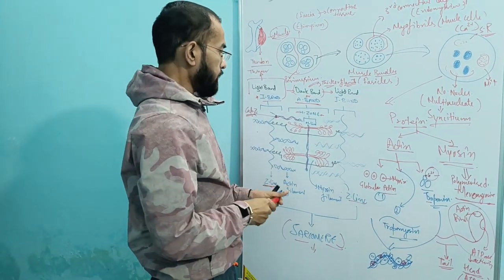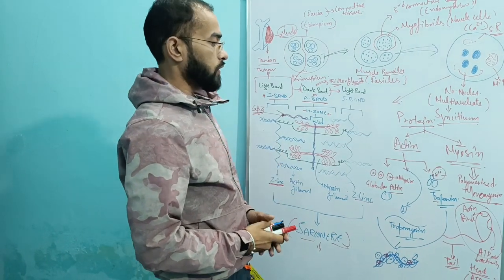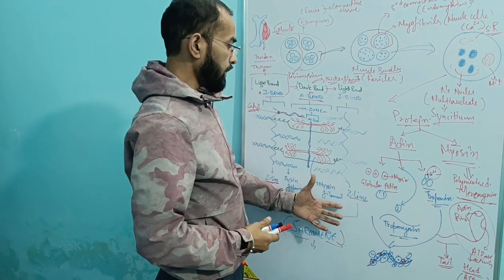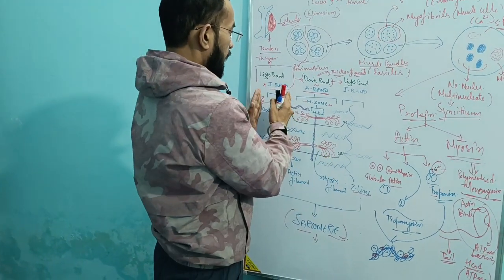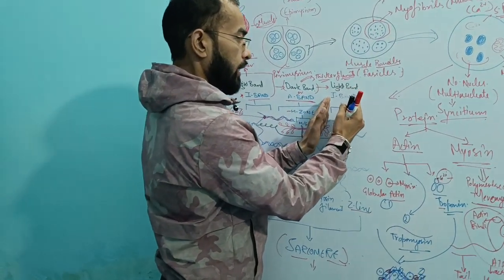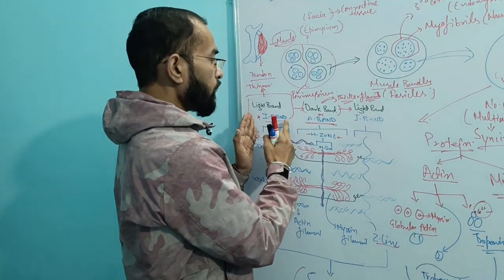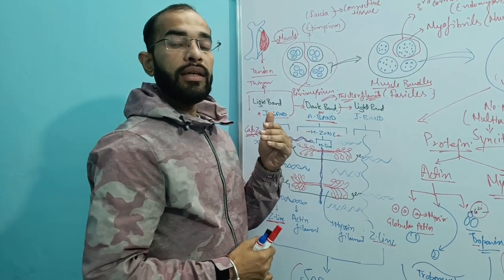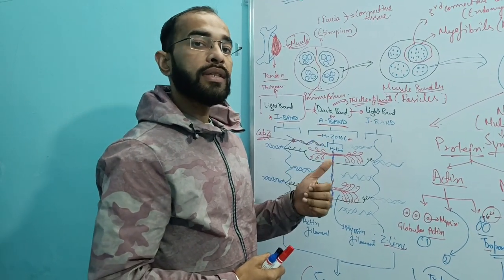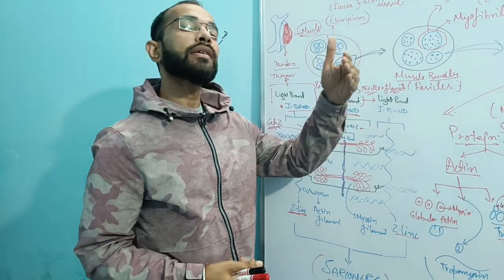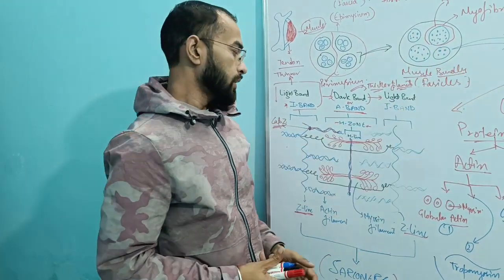We'll repeat it again, the different zones of the sarcomere. Sarcomere is the functional unit of muscle fiber containing different zones, that is I band, A band, and then alternating I band. The alternating bands give the muscle fiber its characteristic striated appearance. First light, then dark, then light, then dark, then light.